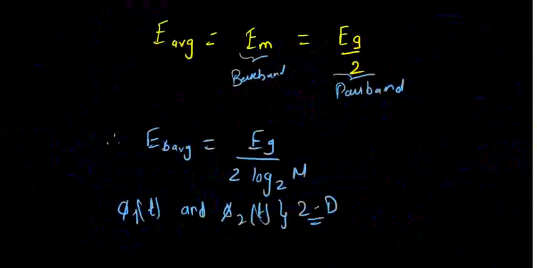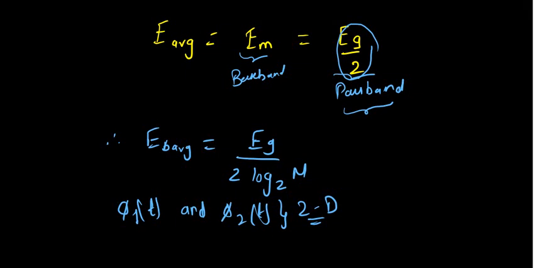Oh yeah, it is. Since we started from passband, we are doing everything for passband, so we can write Eg in terms of Eb like this. So from here we can write Eg in terms of Eb, so I'm just writing it.